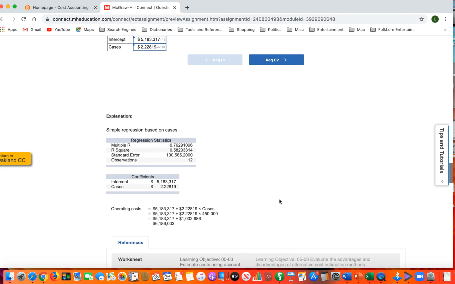Okay? Now look at this again. The intercept is A. It is the fixed cost. And then they have the number of cases, which is the variable portion. Now, look here at R squared. 58% of the changes in cost is due to the changes in the number of cases.